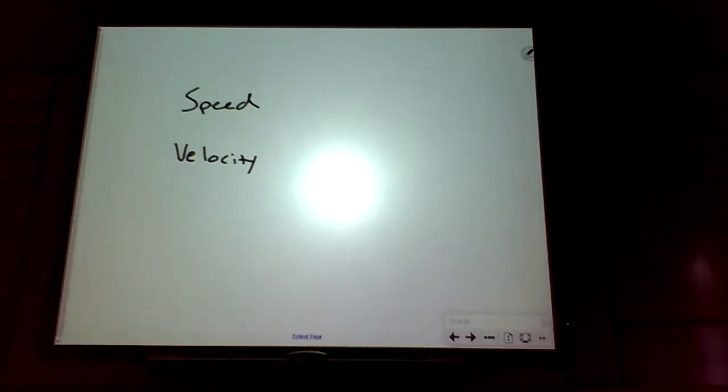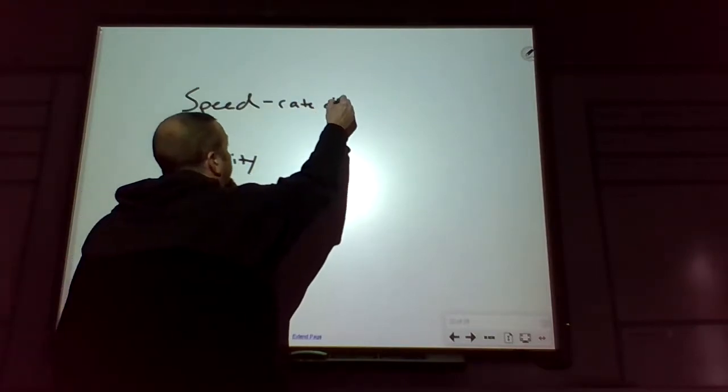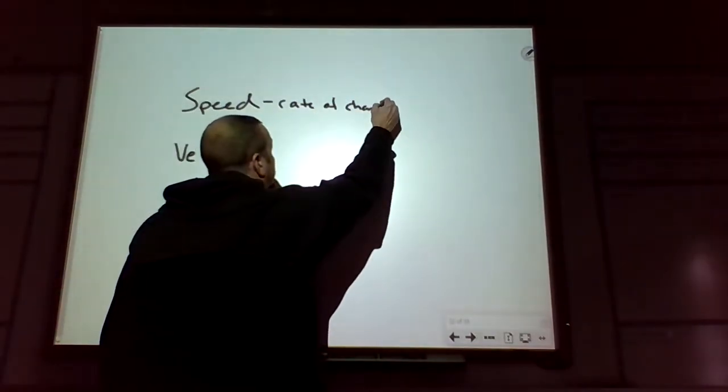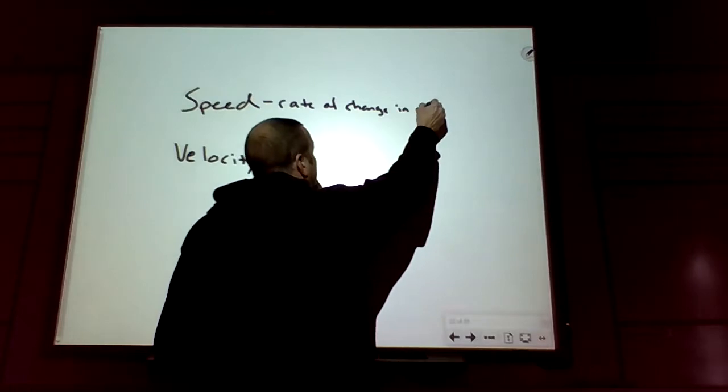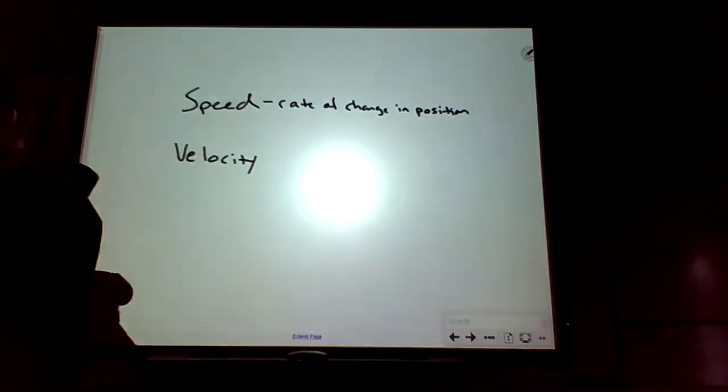Speed and velocity are the two ways that we measure how fast something is going, or its rate of change in position. Speed is just defined as rate of change in position. How quickly an object moves from one place to another.